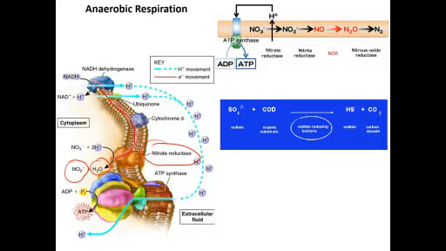Nitrate is reduced by nitrate reductase, and you end up with nitrite. Now, you can have other final electron acceptors, like sulfate, which can act as the final electron acceptor.